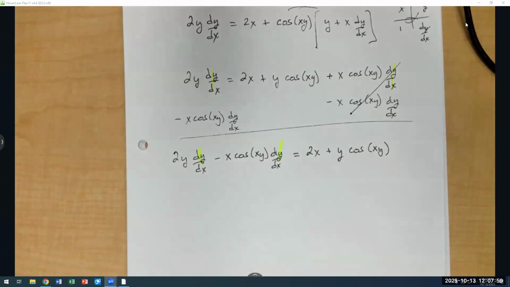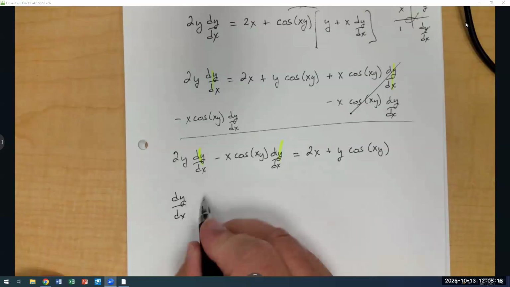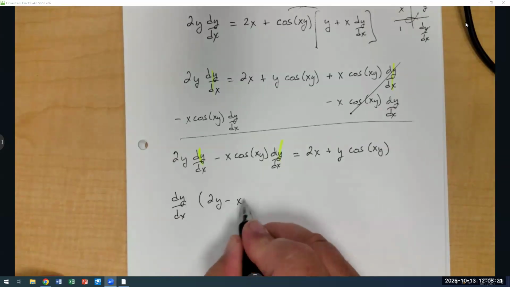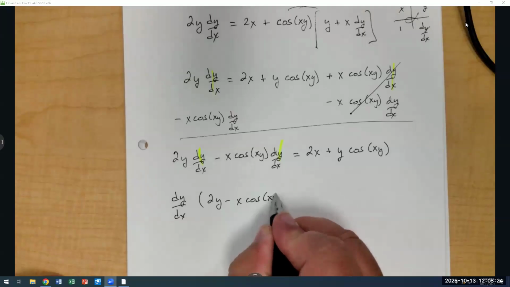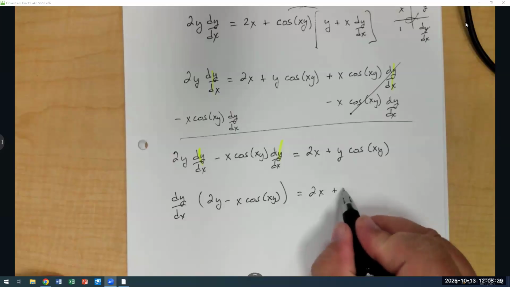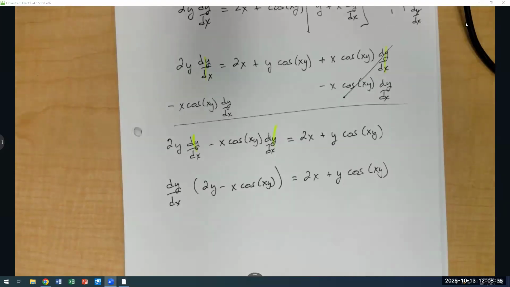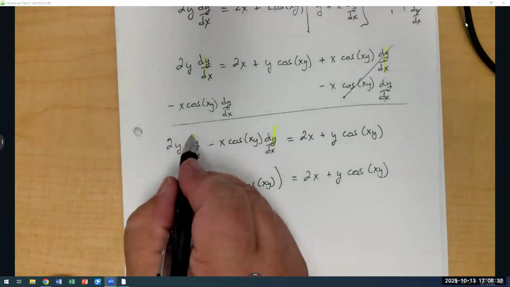We want the dy/dx's by themselves. How do we get them by themselves? Factoring it out. They're both on that side, so we factor it out. I just factor them both out.